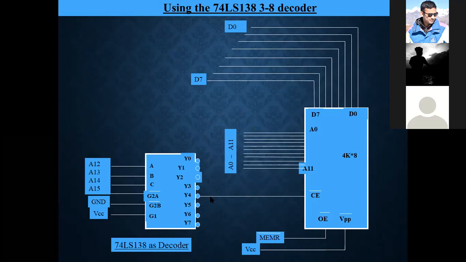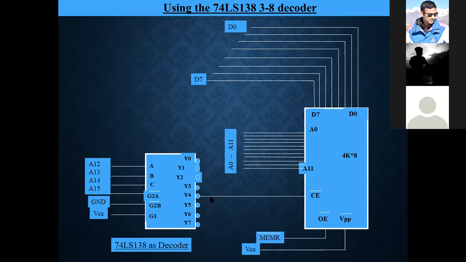Just see, this A15 to A12, these 4 address bits are used for the chip enable. We cannot change this chip enable. And A11 to A0, these 12 bits are used for addressing the ROM. Clear? So for addressing the ROM, the minimum address that can be addressed by these 12 bits will be what?